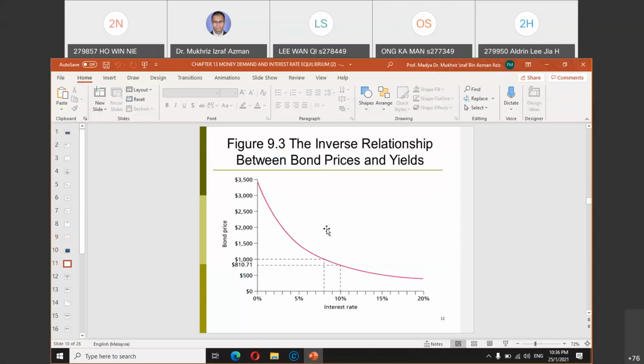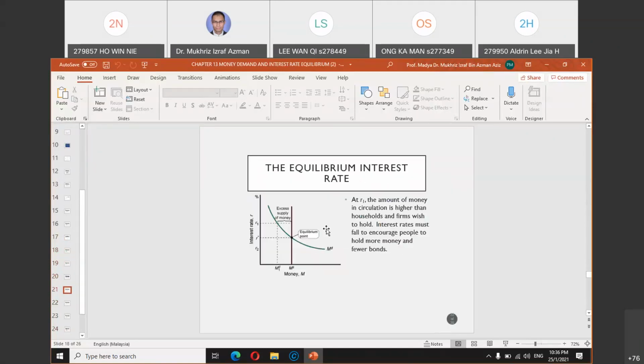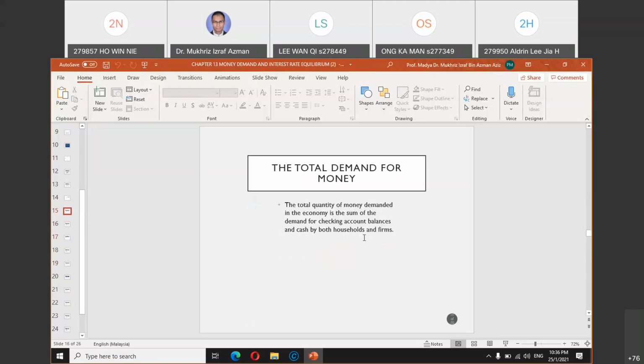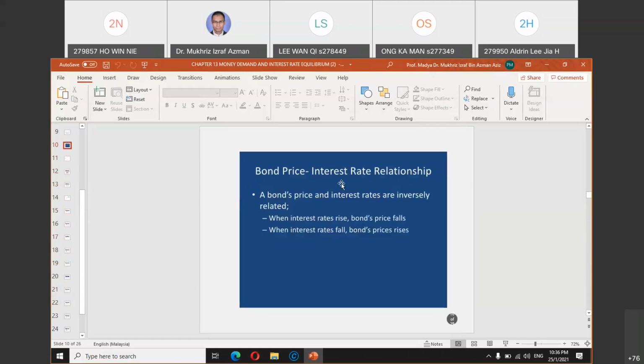On this part, the equilibrium, why you have excess money supply, especially when I talk about the inverse relationship between bond and interest rate. When interest rate rises, bond price falls. I discussed quite in detail here. I gave you some simple calculation.